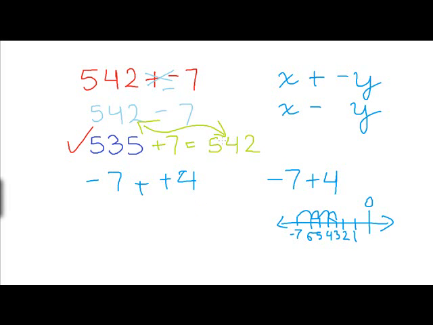You could imagine negative 7 minus negative 4 as 4 minus 7.